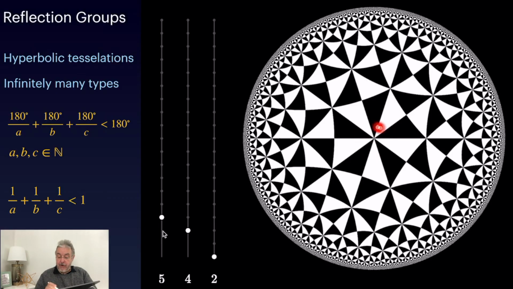So around that corner you have 5, around that corner you have 4, this is this 4 here, and around that corner you have 2. And I want to draw your attention to one interesting thing. So if you look at that picture here, it's a kind of regular pentagon with all right angles.